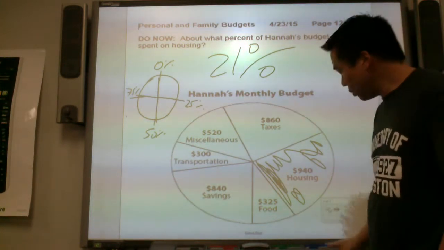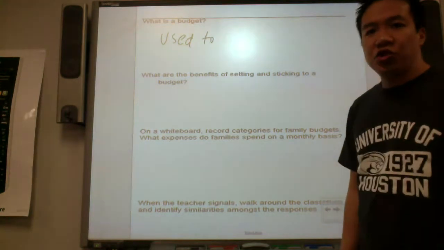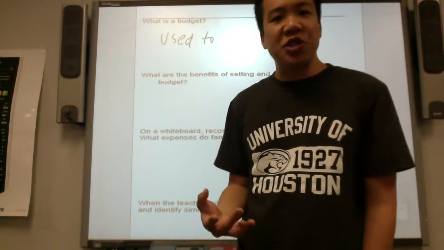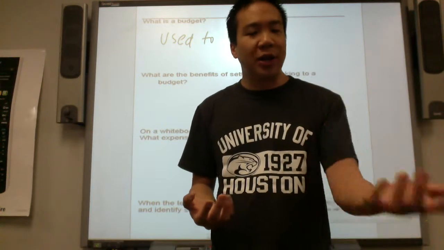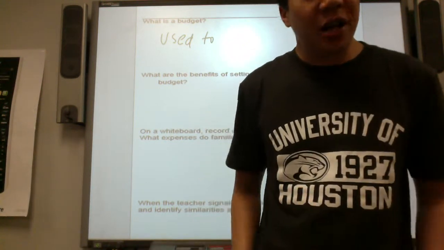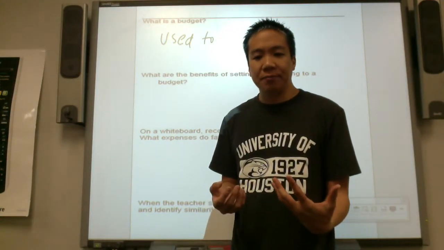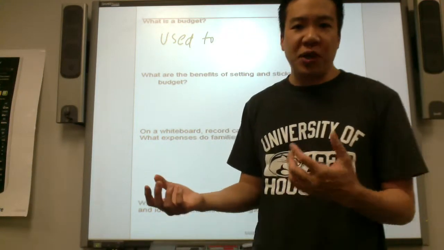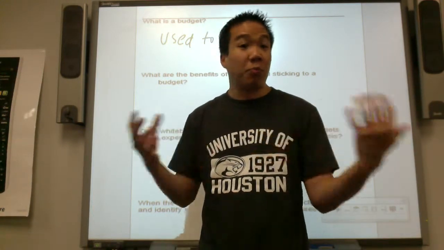housing. So our first question is, what is a budget? A budget is used to track how much money we spend over a period of time, or how much we earn over a period of time. For example, every year, Chase or American Express sends me a circle graph of how much money I spend for the whole year.